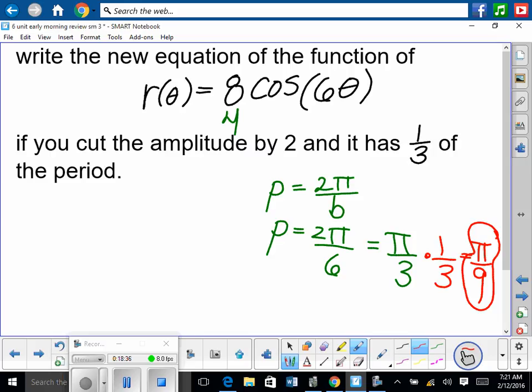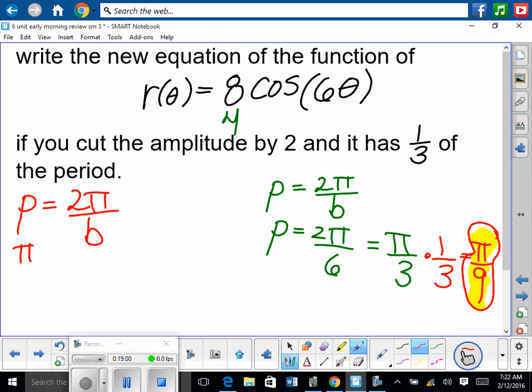So you say to yourself, okay, so the new number of cycles in my new function will be, period is equal to 2 pi divided by b. We know that and we are given the period, right? We just found the new period. Are you guys lost? Okay, so we found the new period by cutting our original period into 1/3, and then we plug it in here to find out the number of cycles.